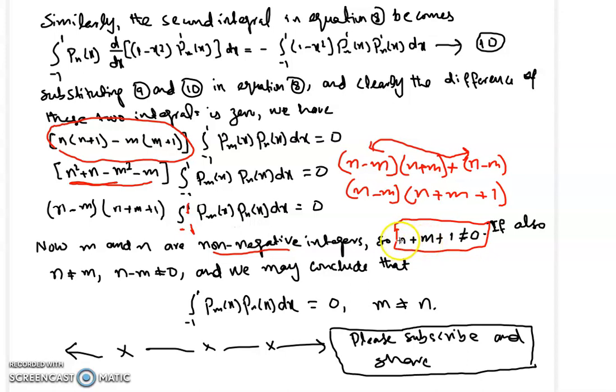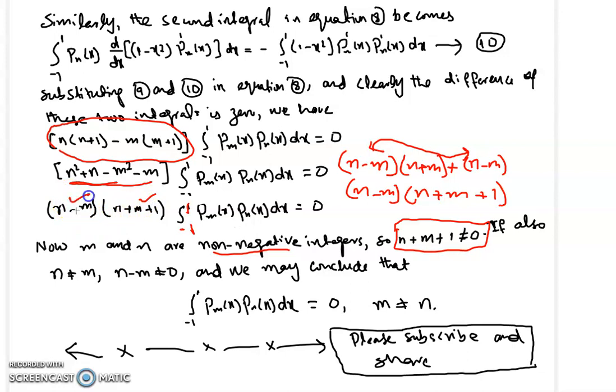So either the value of n or m is 0 or greater than 0: 0, 1, 2, 3, and so on. If both of them are 0, then 1 is not equal to 0, so this case is obvious. And for all other positive integers, it is also true. So for the second case, this is not equal to 0.